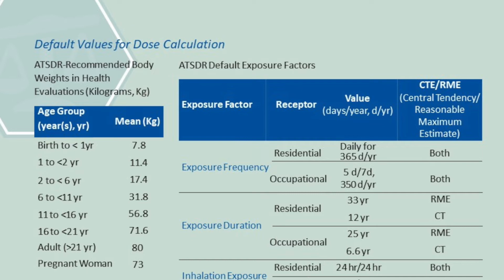These are again averages, and when it reaches age 16 to 21, it's up to around 71. And adults older than 21 years old are ascribed 80 kilograms. Actually, when I was a student, that number was 70 kilograms. That represents the shift of increasing body weights in the populations in many countries, especially in the United States.